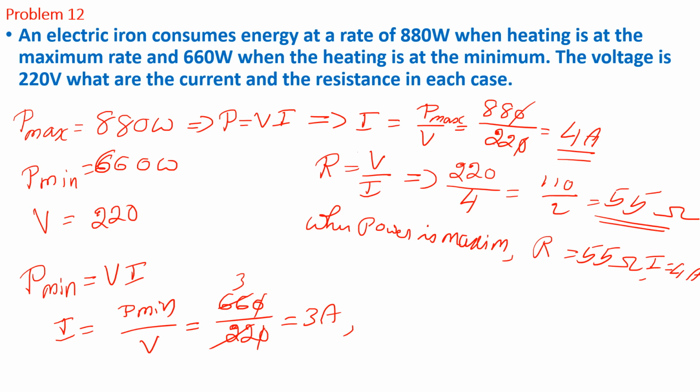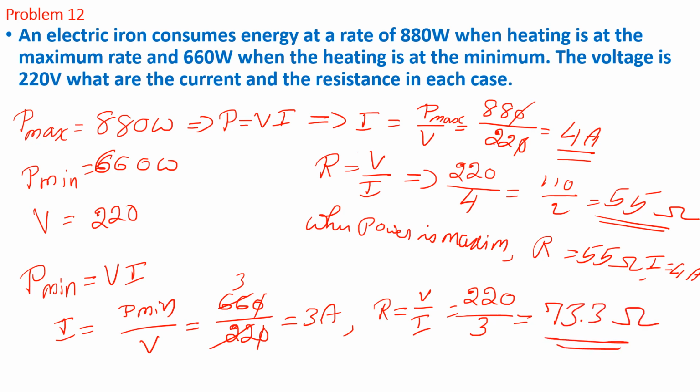Then what is the formula for resistance? Resistance will be V by I, which is equal to V, already given as 220, divided by I, which we have already found out as 3. What is the value of 220 by 3? I will calculate it, and it comes out to be equal to 73.3 ohms.